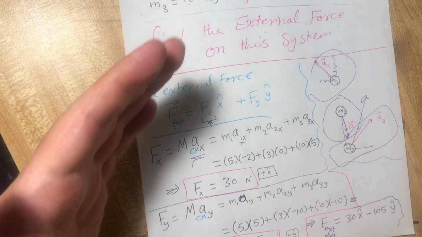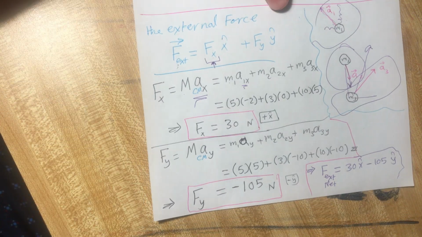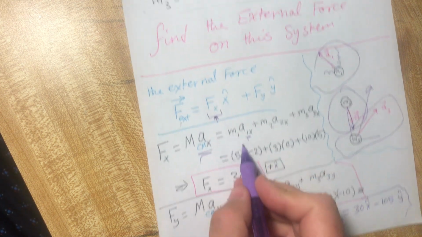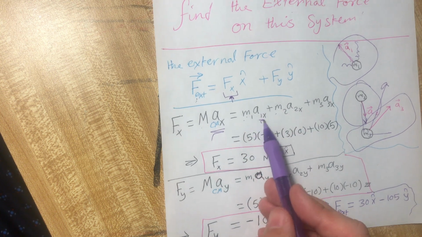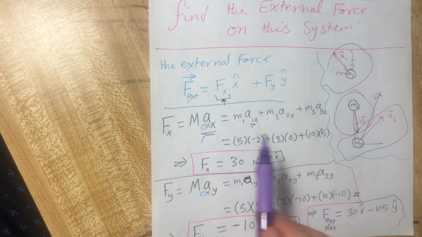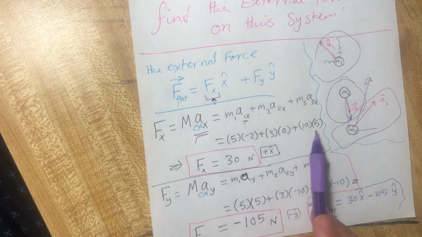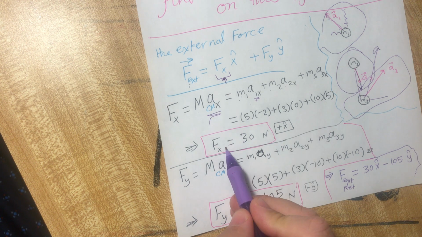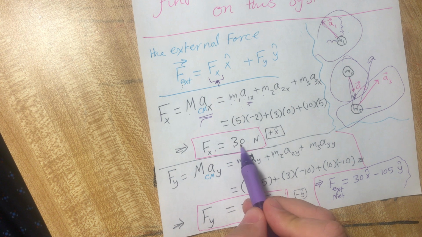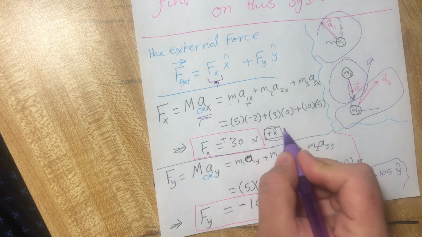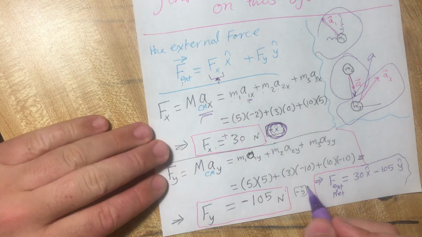Now I just take the x direction, then the y direction, and compute each one alone. Each mass is known: 5, 3, 10, and the acceleration in x direction for each body is known also: -2, 0, 5. The total force acting on that center of mass is 30 newtons. Positive 30 newtons, that means in the positive x direction, okay?